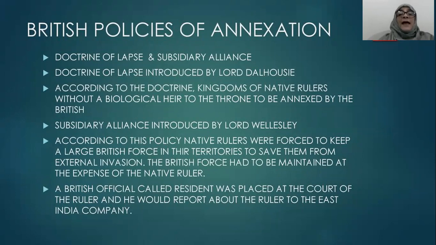Now, the doctrine of lapse was introduced by Lord Dalhousie. According to the doctrine, the kingdom of native rulers without a biological heir to the throne was to be annexed by the British. The subsidiary alliance was introduced by Lord Wellesley.